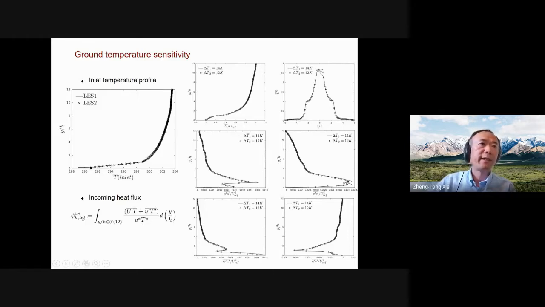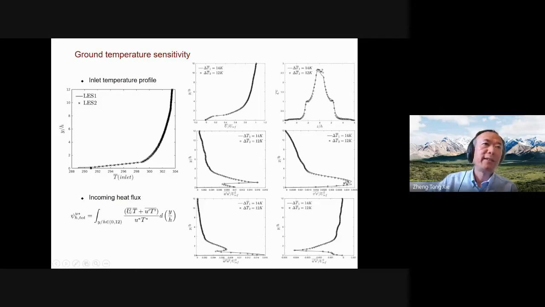If you consider the incoming heat flux, which is the heat flux from the mean quantities U and T, and the turbulence flux, usually in the streamwise direction this is very small. We have a joint paper with you guys, so we found that this is quite small. But remember, near the ground, U is almost 0.